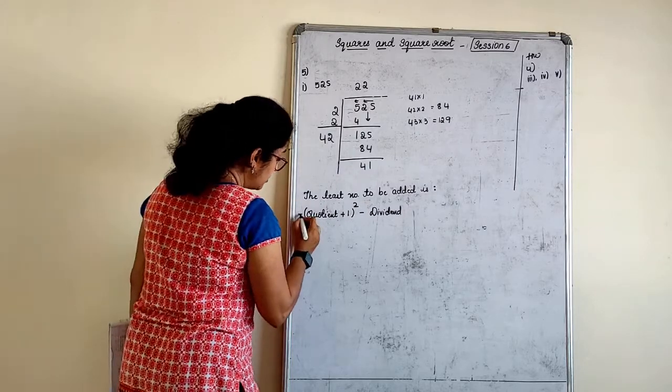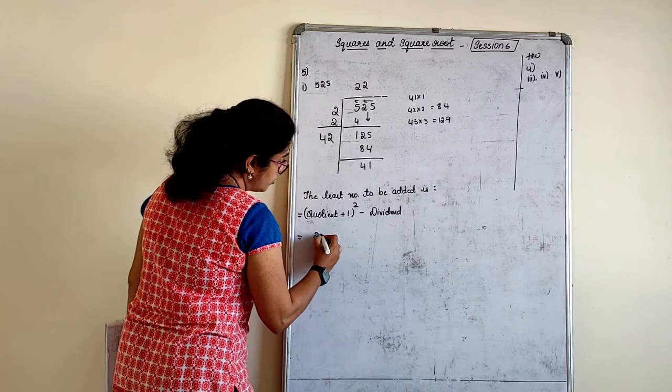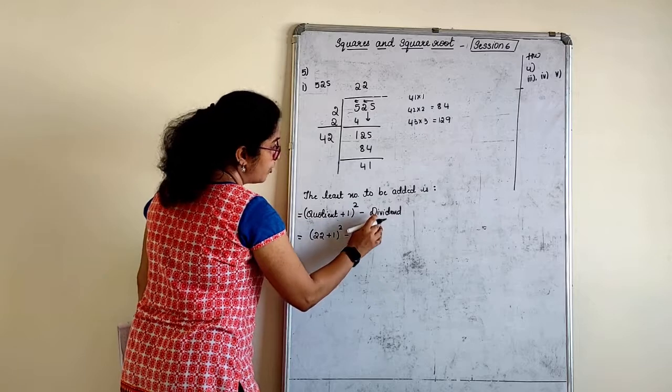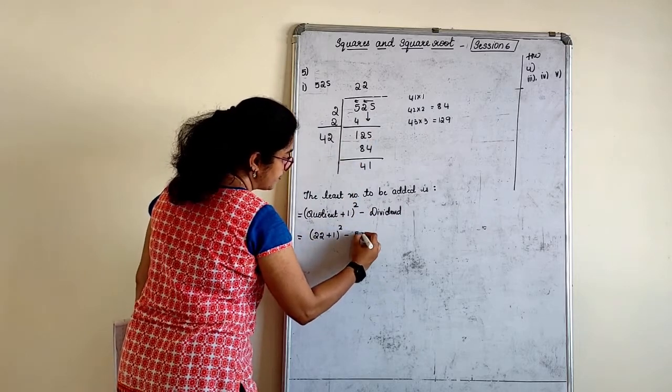What is your quotient? Your quotient is 22. Whatever it is, plus 1 to it, whole square. What is your dividend? 525.